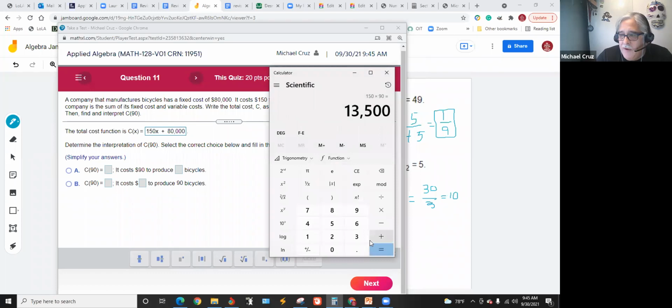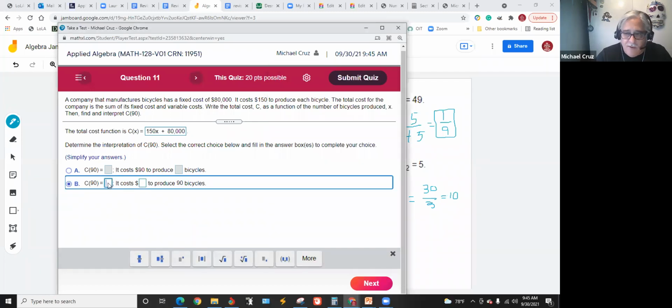So that's going to be $13,500 to produce the bicycles plus the 80,000. So it's going to end up costing 93,500.